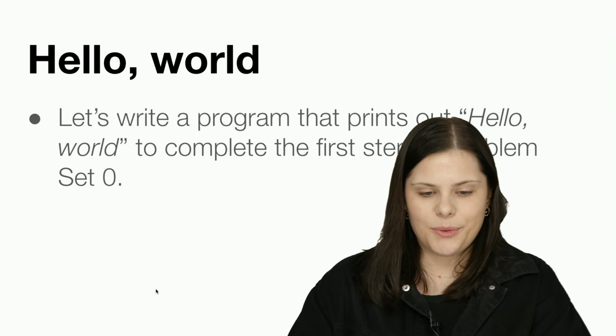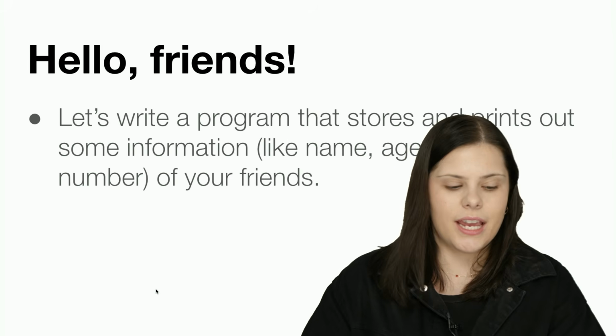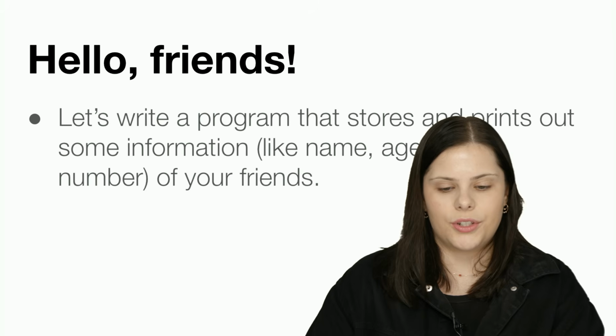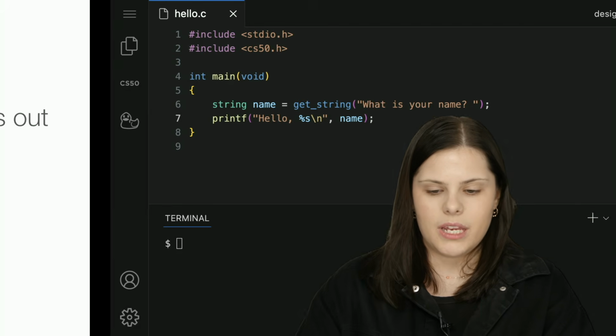So next we're going to create a program that stores and prints out some information like name, age, phone number, can be address or hometown of your friends. So adding some more layers to our hello me problem.